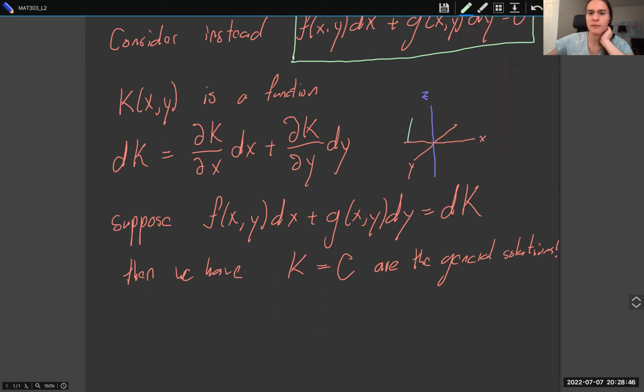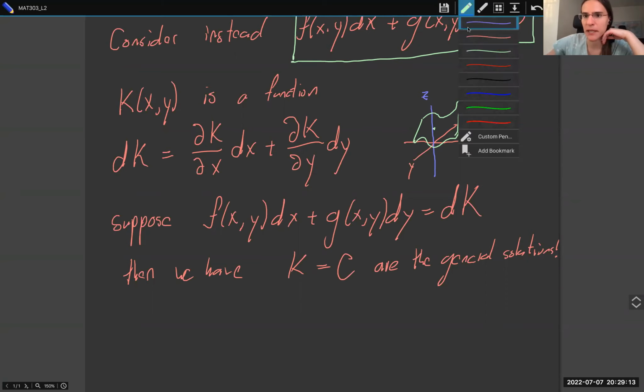So imagine that we have some sort of surface in 3 dimensions, a 2-dimensional function. And suppose we have a point here. This surface has a tangent plane, right? I'm going to cover this in a bit more detail next time.